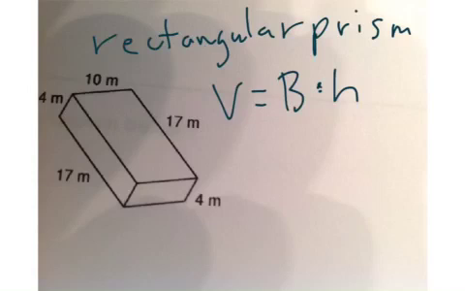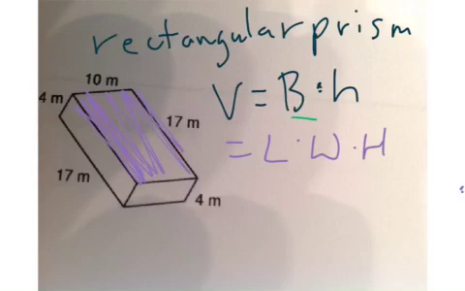But what's interesting, of course, in this problem is if I looked at the base, and I'm going to shade in the top base here, okay? When I look at that top part of that box, or rectangular prism, notice it's a rectangle. So another common form for a rectangular prism is length times width times height.